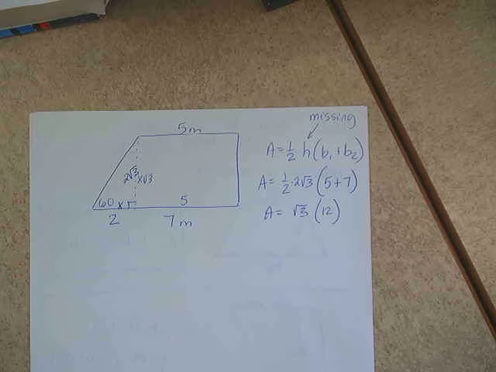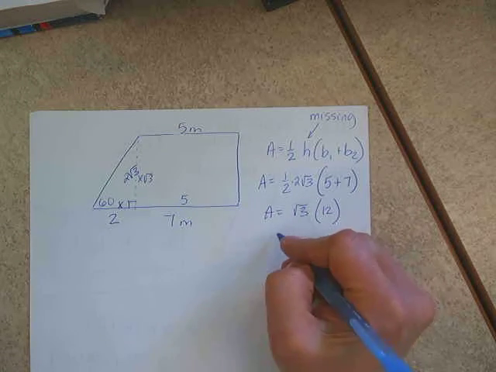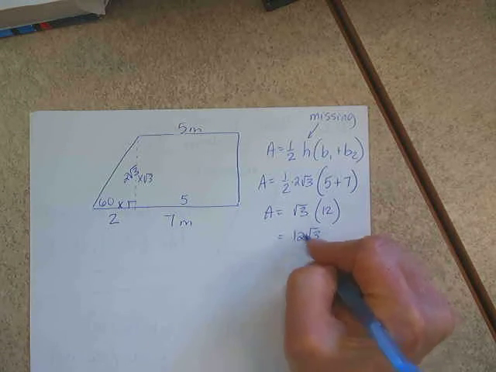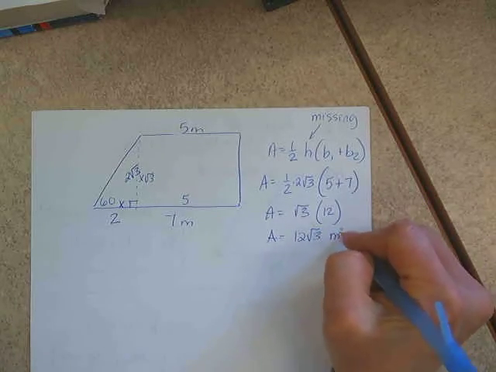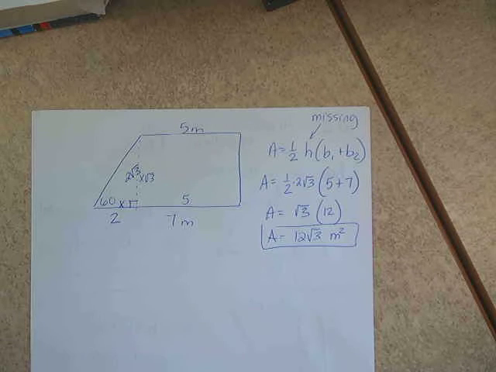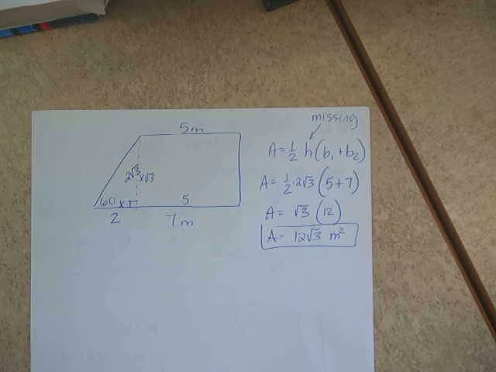So we have radical 3 times 12. When you multiply a whole number and a radical, you get a whole number and a radical, but where is the whole number supposed to go? In the front, right? So this is 12 radical 3, and since these were meters, that would be square meters.